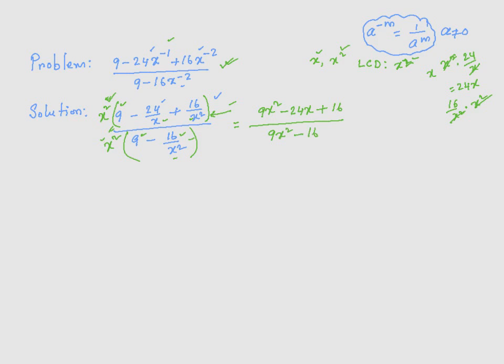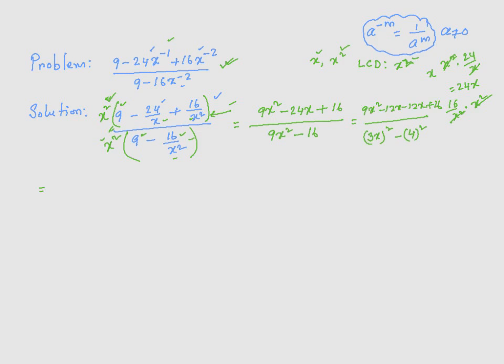Now we can simplify this given expression. The denominator is easy to simplify, which is a difference of squares. I could write it as 3x whole square minus 4 whole square. And the numerator, I'm going to factor it out. I'm going to write 9x squared minus 12x minus 12x plus 16.